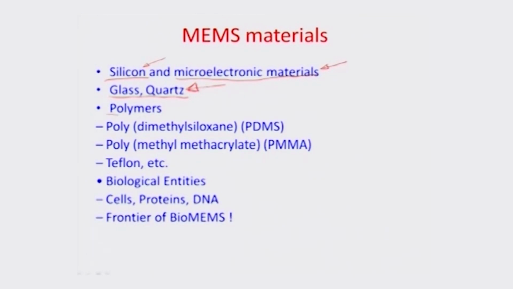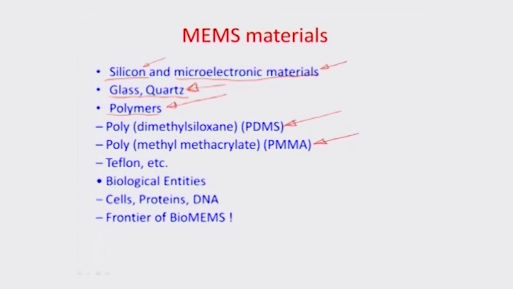Then another whole class of materials which are nowadays increasingly used for microsystems fabrication are polymers, particularly PDMS or polydimethyl siloxane, which is considered a very biofriendly material and is most used in biomedical MEMS or biomedical micro devices. And then of course PMMA, polymethyl methacrylate, which is also an e-beam resist, and it is used increasingly for e-beam lithography and other applications.